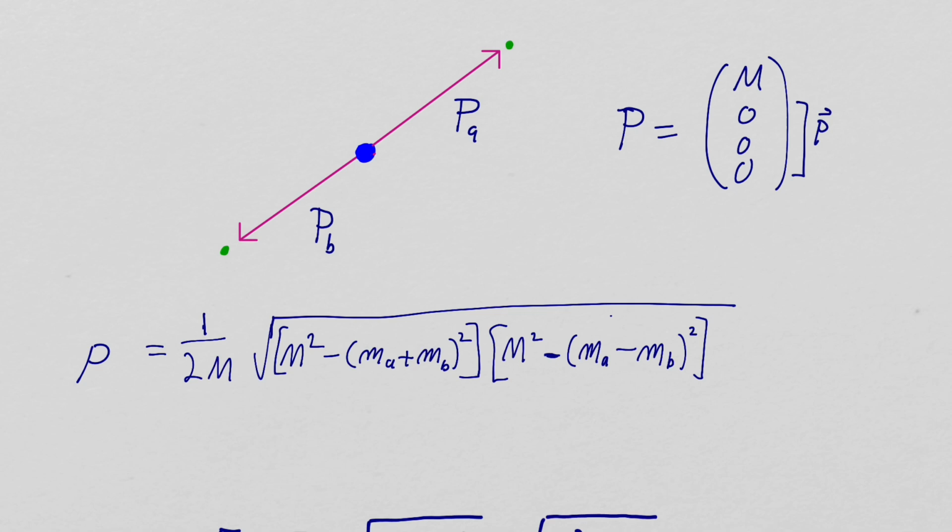Since the three momentum is defined by gamma times the invariant mass of the particle times its three velocity, if that velocity is zero, of course, this part is zero. And that's what we're saying.